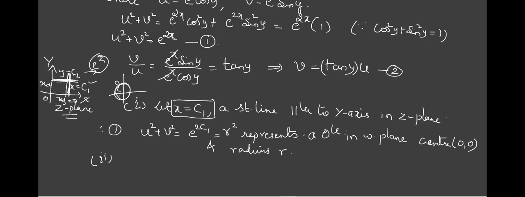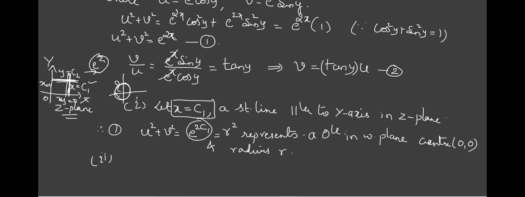Ma'am, explain this after substituting. Yes. See, where can I substitute x equal to C1 very clearly? In equation 1, am I right? Because there only I have an x; I cannot do it in equation 2. Suppose I substitute, this is e raised to 2c1. Now c1 is constant, so is e raised to c1 a constant or a variable? It's a constant.